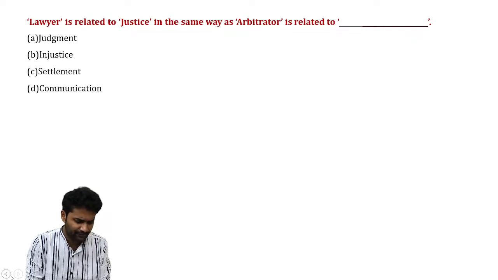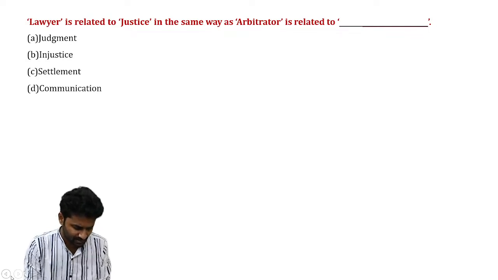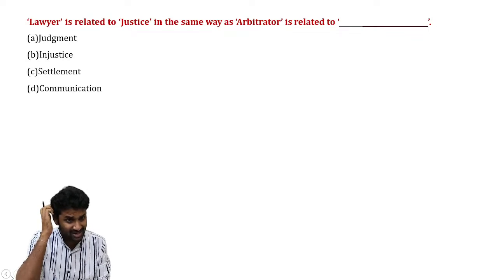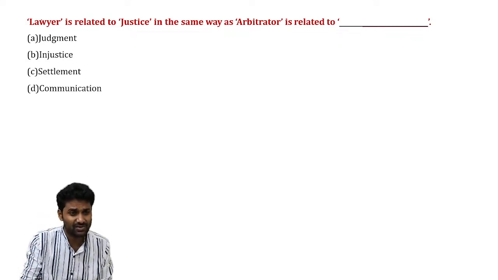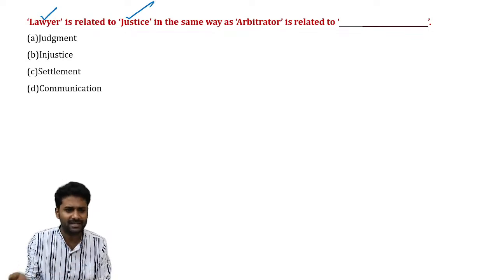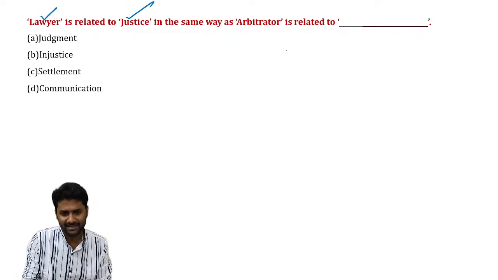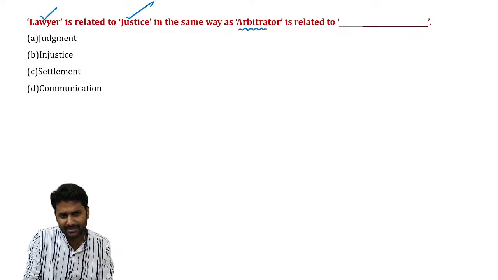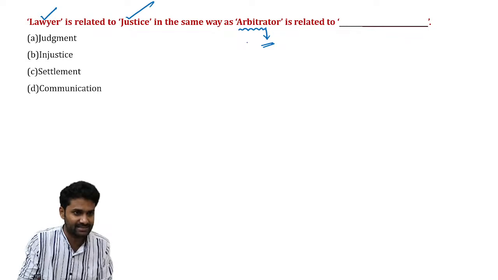And you have to learn a few different words and their meanings also. See, lawyer is related to justice. So a lawyer fights for justice, with the help of valid proofs or documents. In the same way, an arbitrator is a person who fights for the settlement.